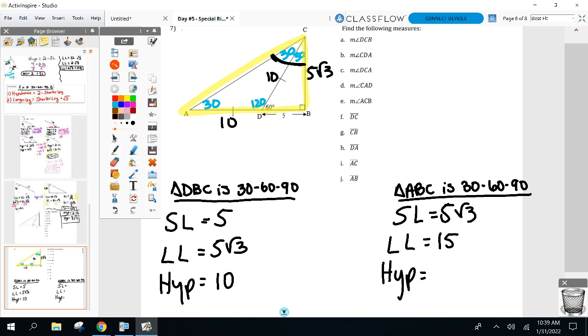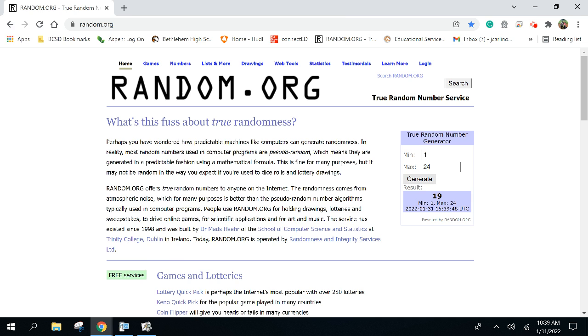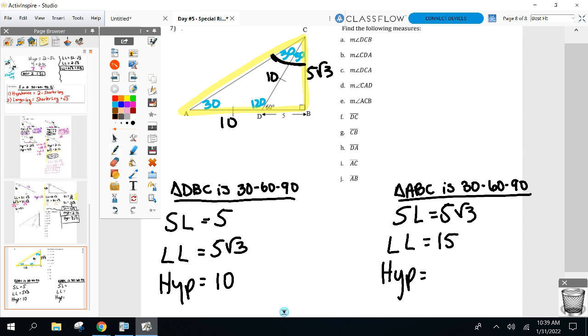And the hypotenuse length here would be 10 times the square root of 3.